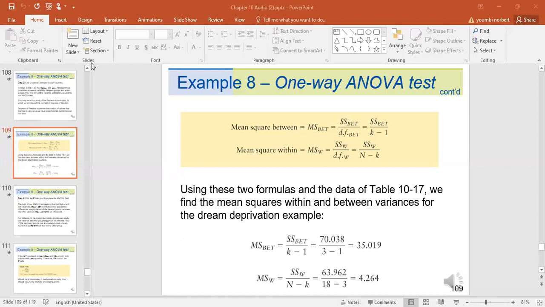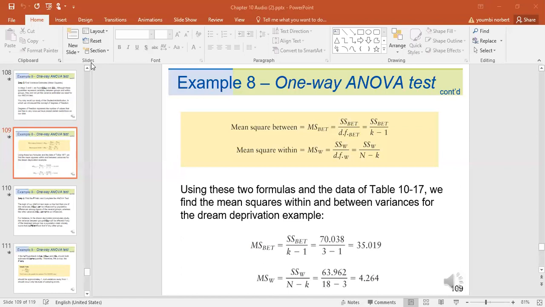So now we want to read what we have on Excel. If I ask you, what is the sum of the square between? Can you tell what is the sum of the square between? 70.4, right? Sum of the square within groups.